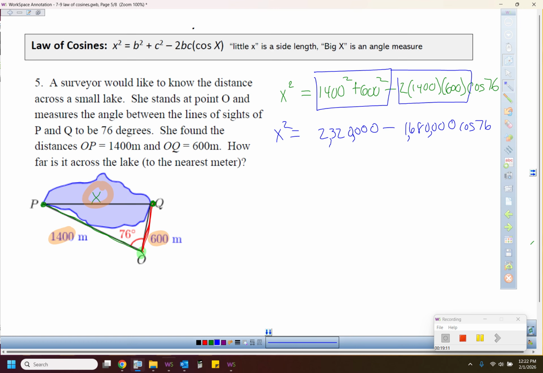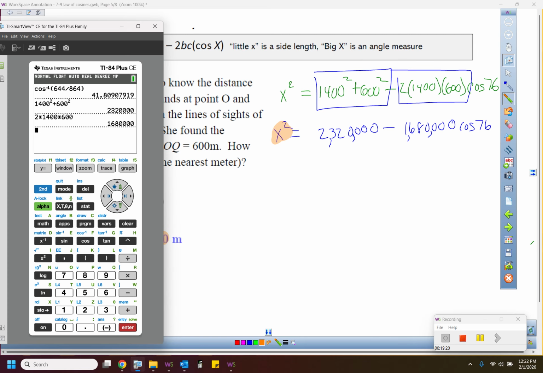And then, since the x squared is all by itself, we don't need to move anything over or anything like that. We will just punch this in. So we'll do 2, 3, 2 with 4 zeros, take away 1, 6, 8 with 4 zeros times the cosine of 76.